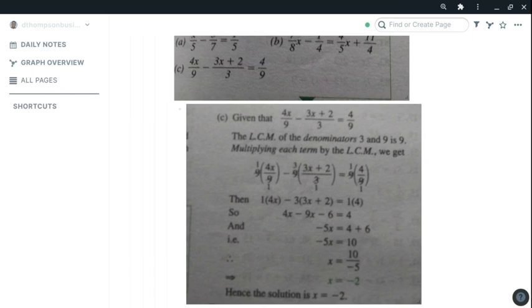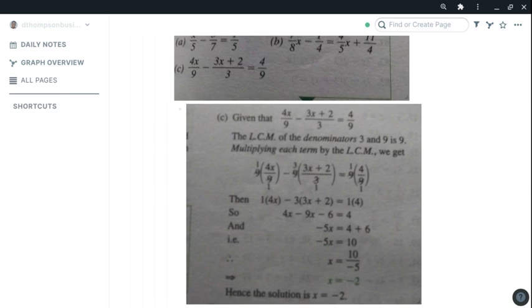Does anyone remember what we need to find if we have fractions? Find the LCM. Thank you, Isabel. Can you see the screen?